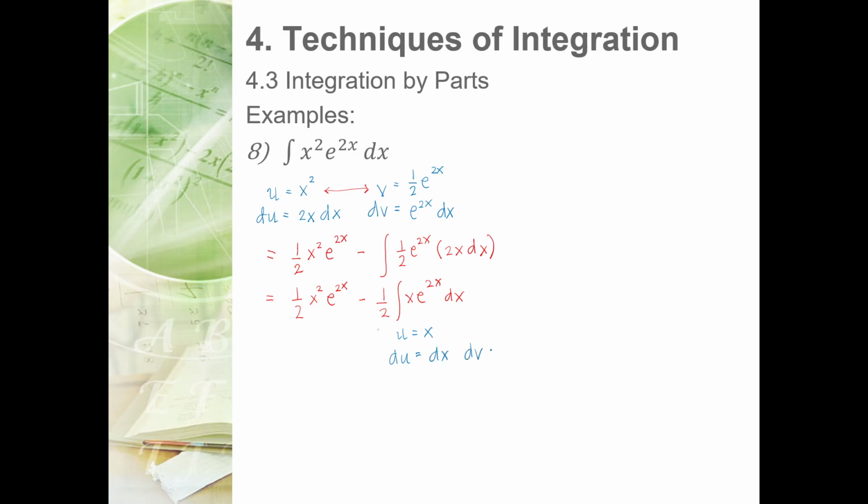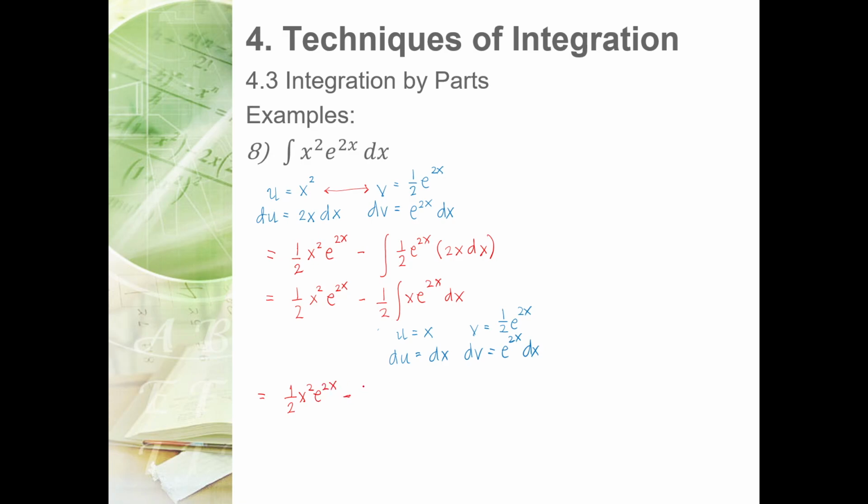So dv is still equal to e raised to the power of 2x dx, and then the same v, which is 1/2 e raised to the power of 2x. Okay, so again, don't forget to isolate the given integration by parts process. So x squared e raised to the power of 2x.